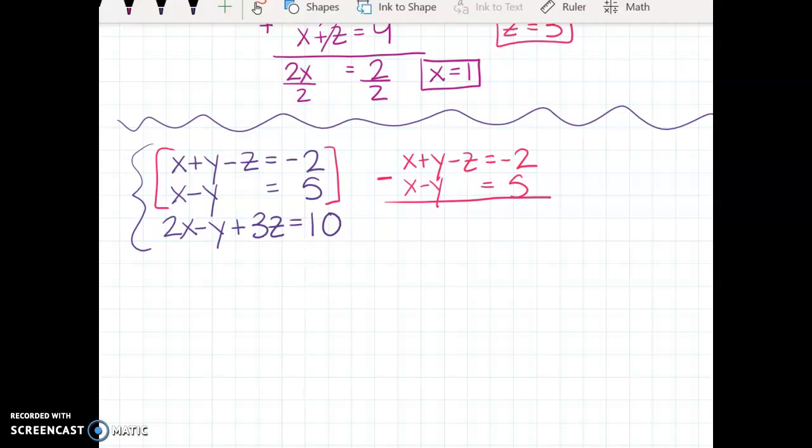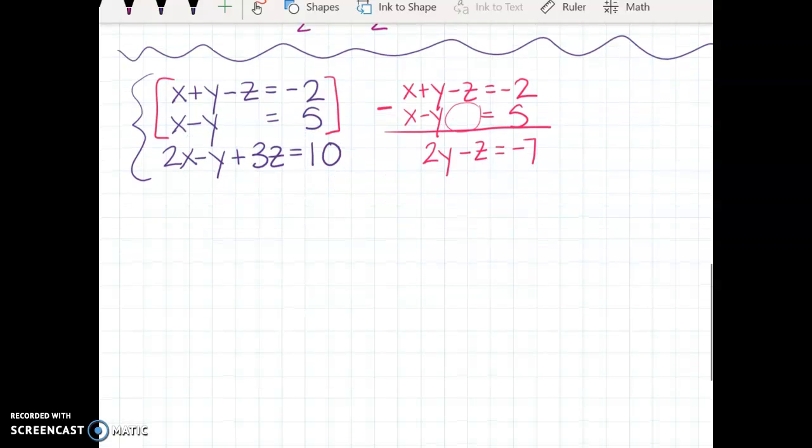Y minus negative y is 2y. Negative z minus nothing is just negative z. Negative 2 minus 5 is negative 7. Now we have an equation with 2 variables, just y and z.